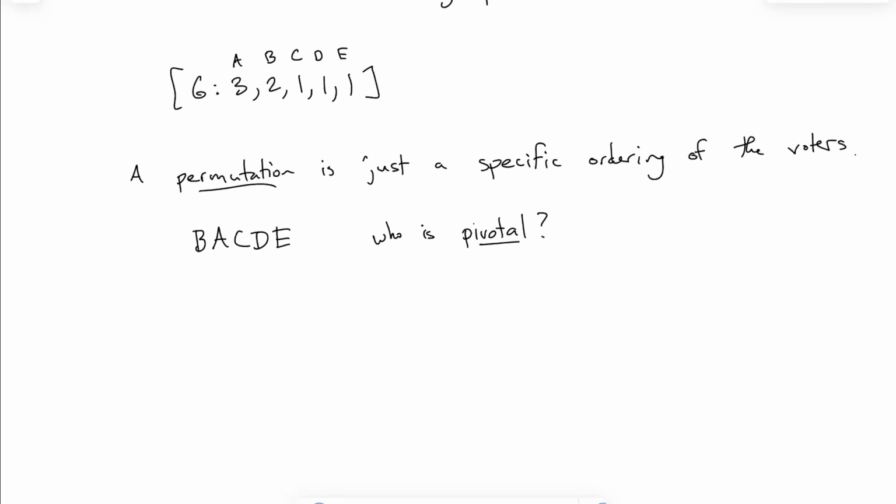So the question about who is pivotal means you add the votes in that order and find who cast the actual vote which met the quota.